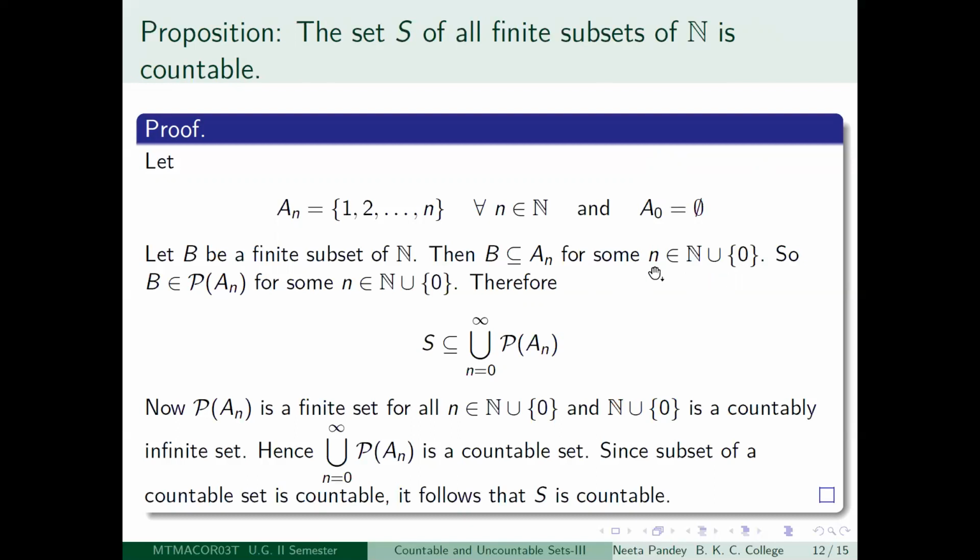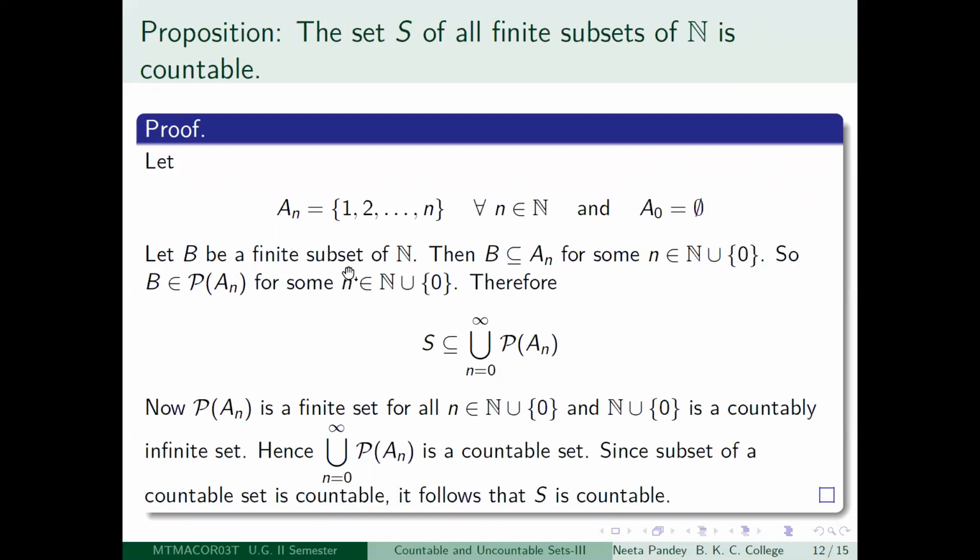This 0 is important because if you take a finite subset of N, then B may be an empty set, in which case it is equal to A_0. Two sets are equal if one is a subset of the other and the other is also a subset of the first one. So in particular, if B is equal to A_0, then B is a subset of A_0. There is no problem with that.